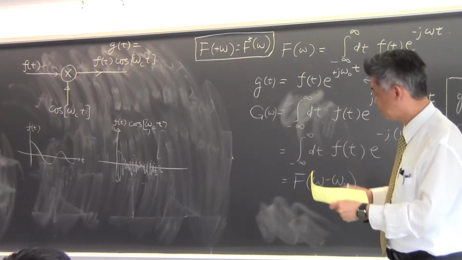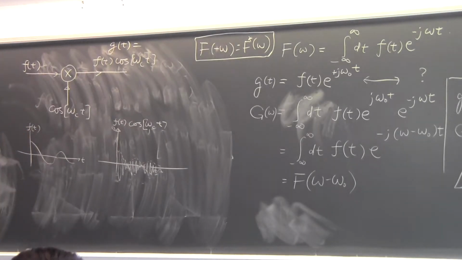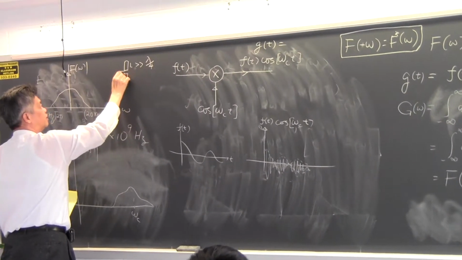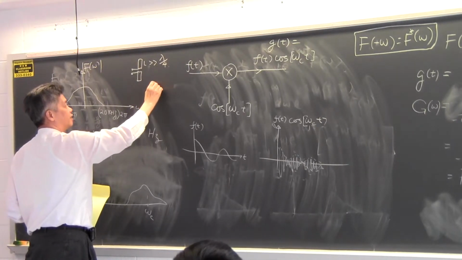Okay. So the rule of thumb that the textbook gave is that the size of the antenna, if I call this L, is much, much larger than lambda over 4. Lambda is the wavelength of the electromagnetic signal.